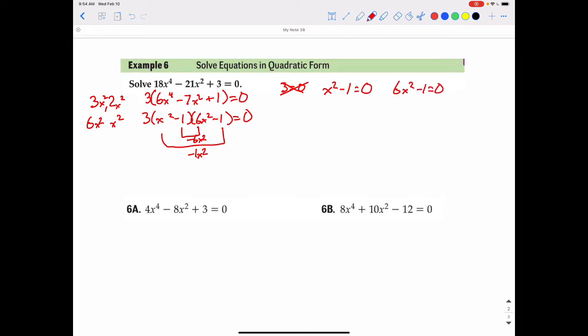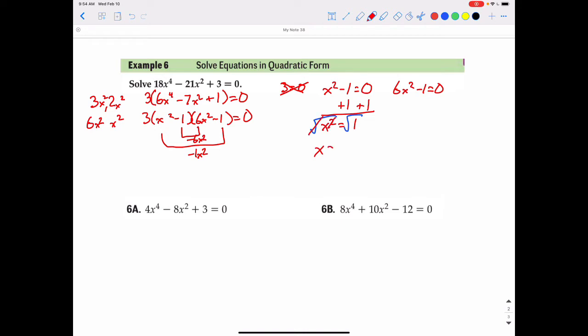And to solve these equations, since it's just something squared and then another number, I can solve these with square roots. So I can add 1 to both sides. So that would give me x squared equals 1. And then I would do a square root of both sides. And remember, the reason we're square rooting is because square rooting cancels out being squared.